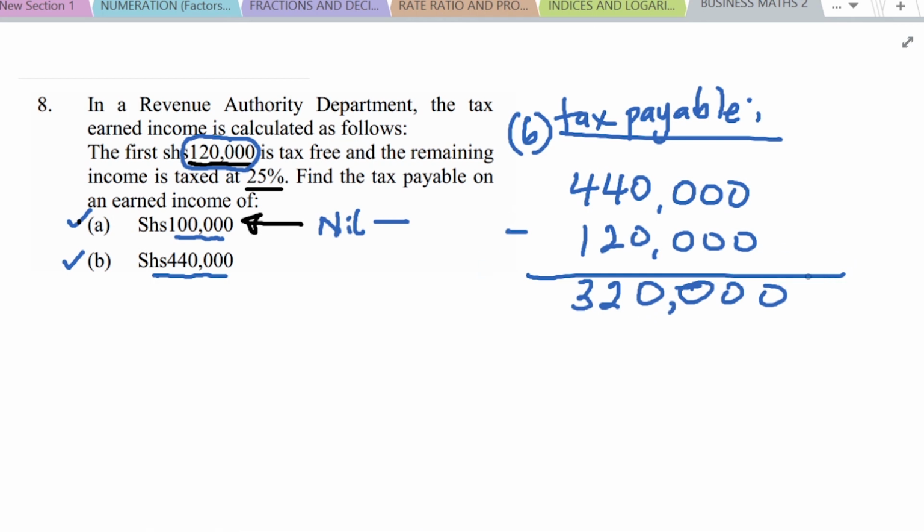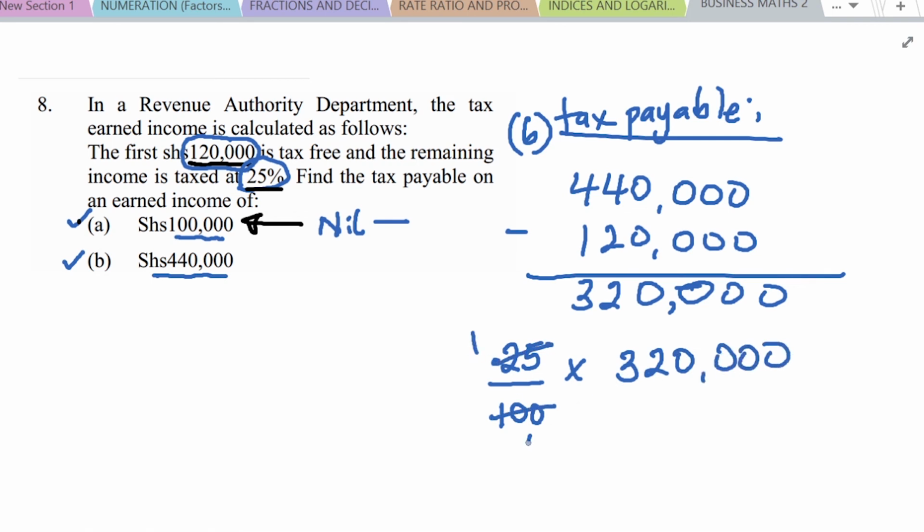So 320,000 is what is taxed, and according to the question the remaining income is taxed at 25%. So it becomes 25% of that, and 25 once is 4 times. Then what is 32 divided by 4? 32 divided by 4 is going to give us 8. So this is 80,000. So it means that the tax payable there is 80,000.